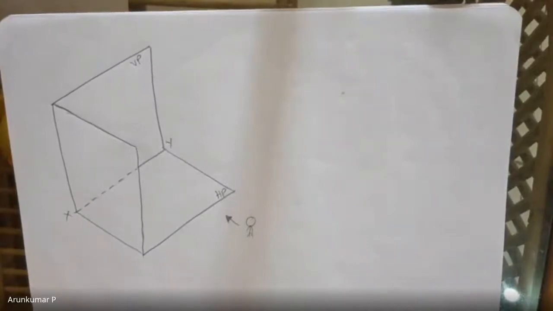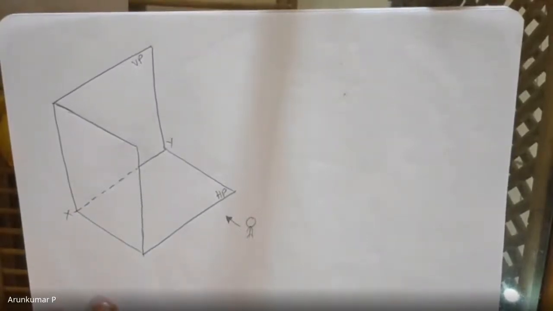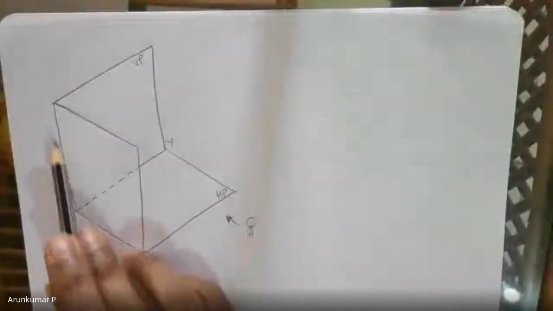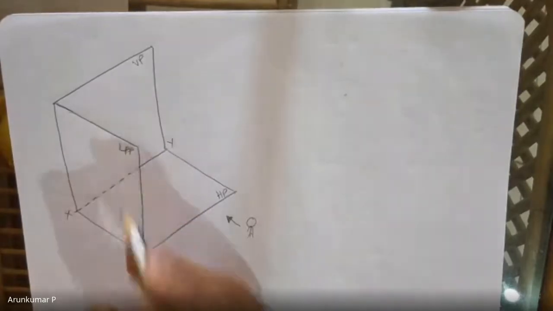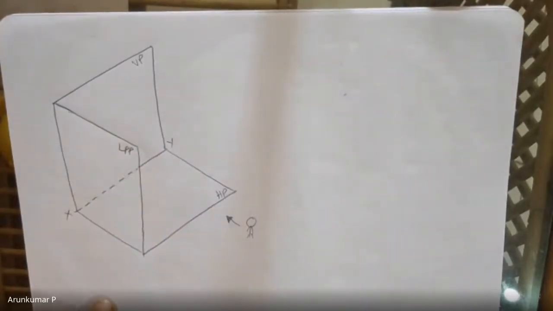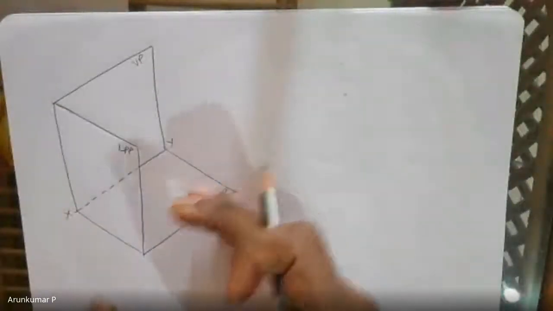So this is how it is going to look. And this plane that you have introduced on the left side is the left profile plane, LPP. It is to the left of the observer.